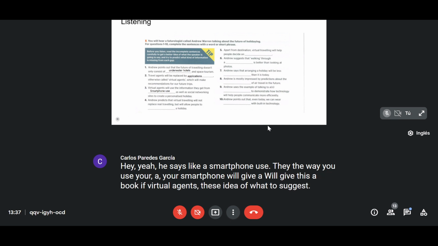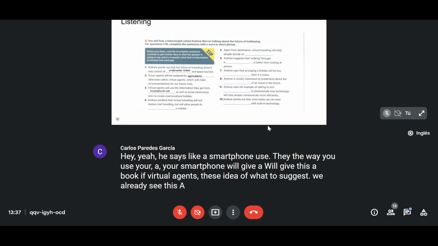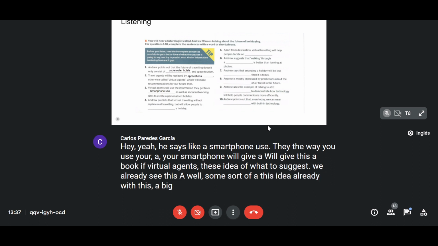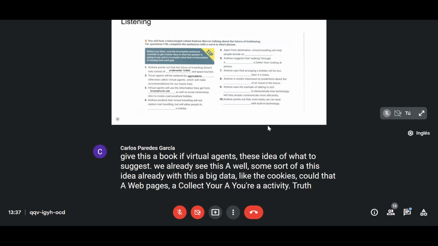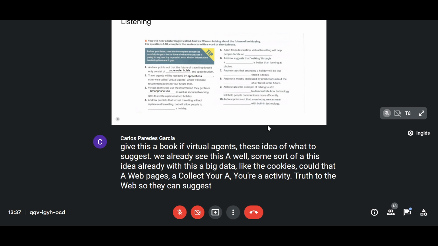We already see this idea with big data, like the cookies that web pages use to collect your activity through the web, so they can suggest the right ads for you. All right. Any question about this?